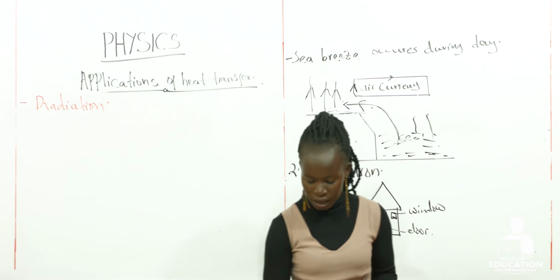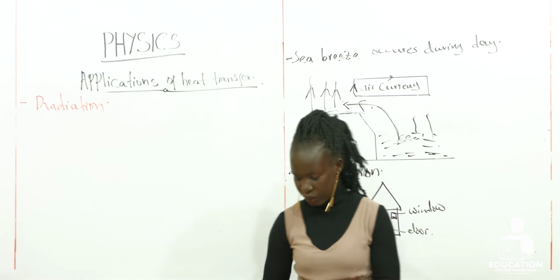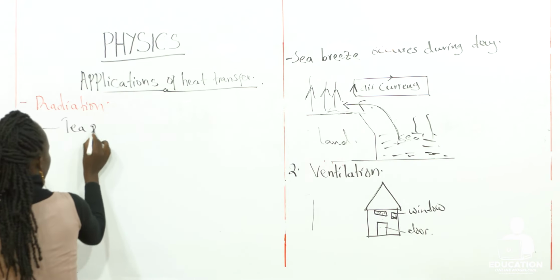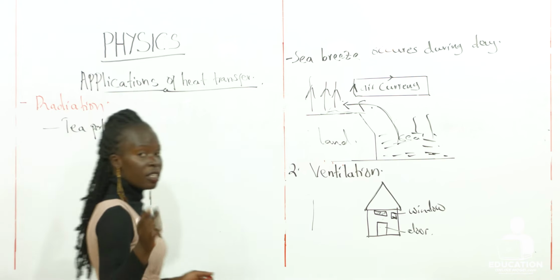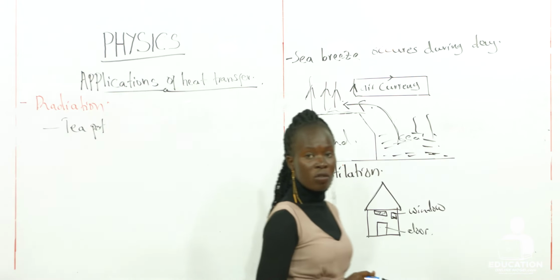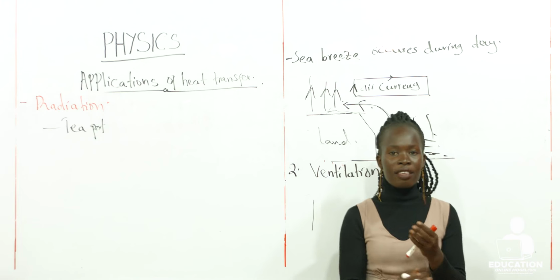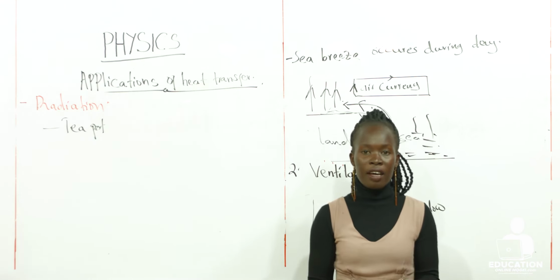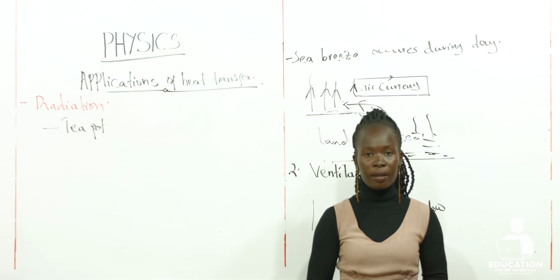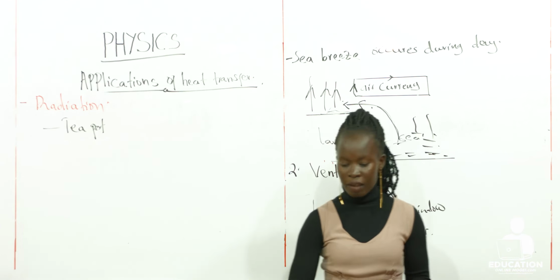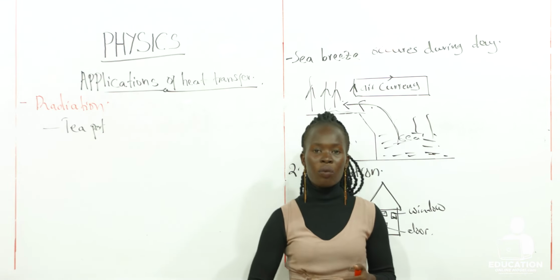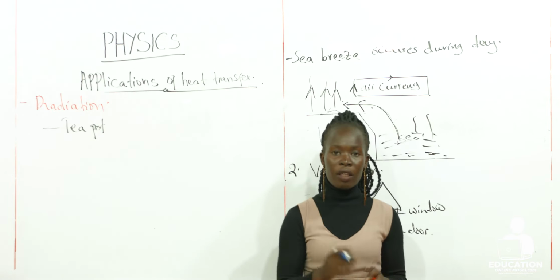Let's take a look at the teapots as one of our applications. We can talk of the teapots or the kettles. Why is it that the teapots are actually polished silver? They are shiny like that because we want them not to emit out the heat.